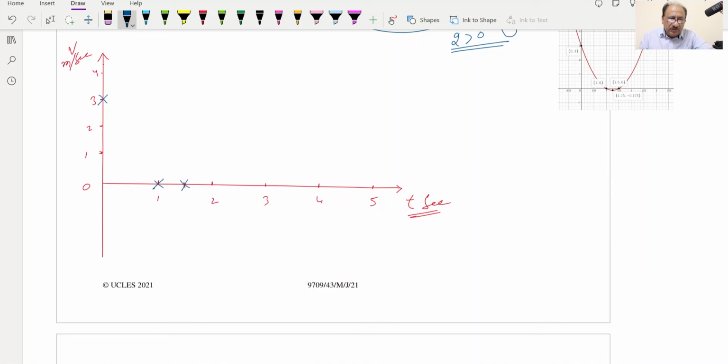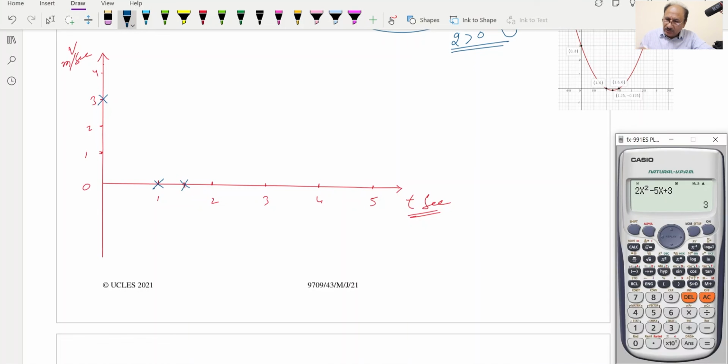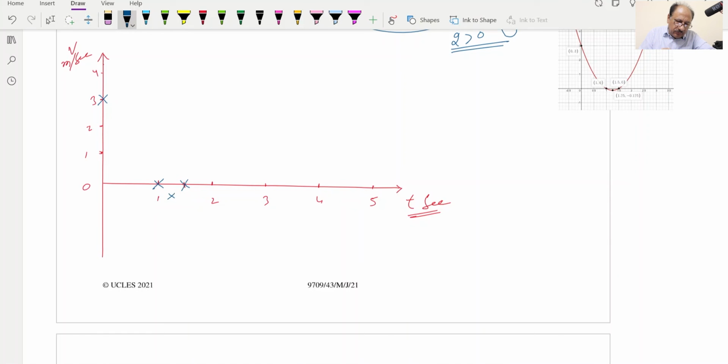Now in between these two also we can check: calculating for 1.25, the x value 1.25 gives us minus 0.125. So a little lower, like over here we can take this one.